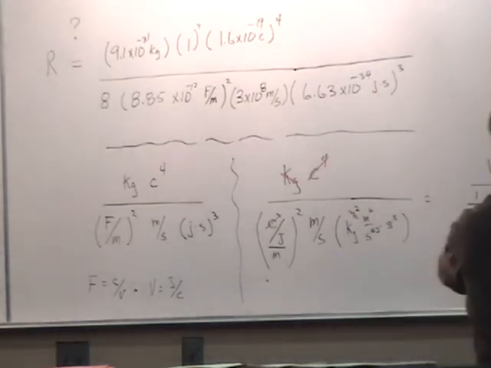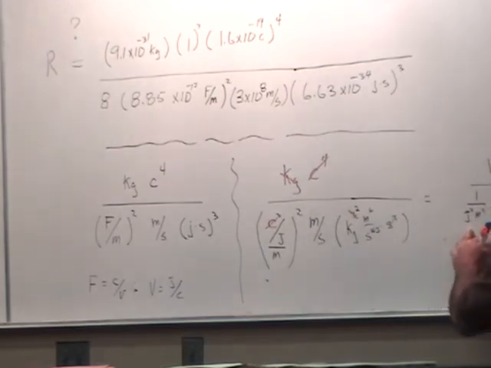Well, let's go fundamental. That's a good one. Right? kg squared meters to the fourth. Generally, doing that doesn't do anything. Meters per second here. And we have kg squared meters to the sixth over seconds to the third.